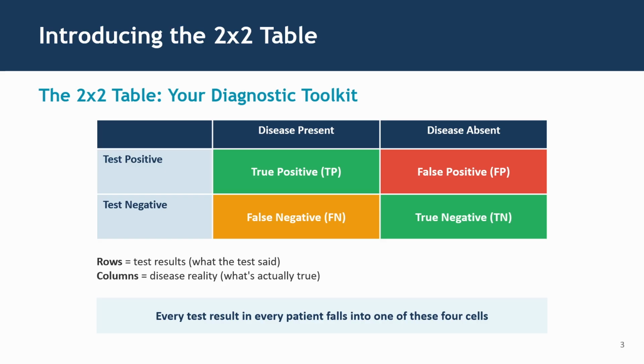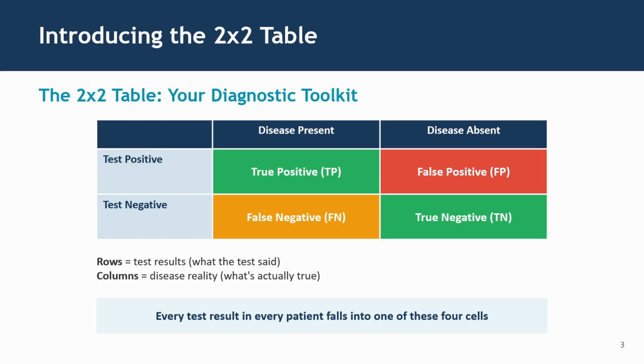That's a correct positive. True negative, the test said negative and the disease is truly absent. Correct negative. False positive, the test said positive, but there's no disease. This is a false alarm. And false negative, the test said negative, but the disease is actually present.